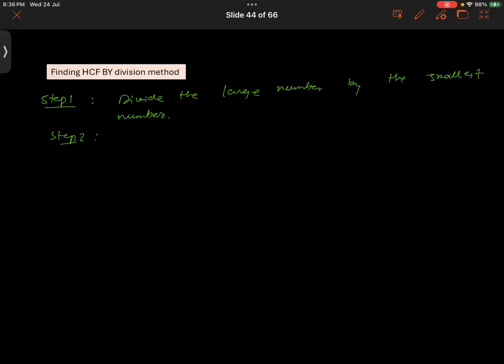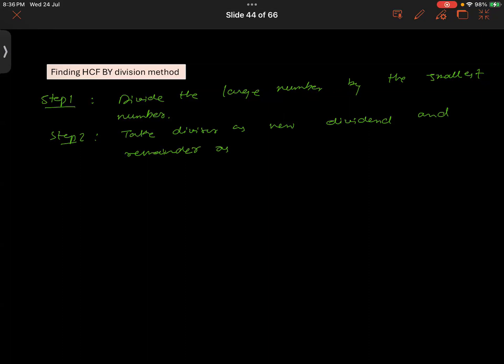Initially, you will take the divisor as the new dividend, right? So step number two is to take the divisor as the new dividend and the remainder as the, yes Abhi, what about the remainder?